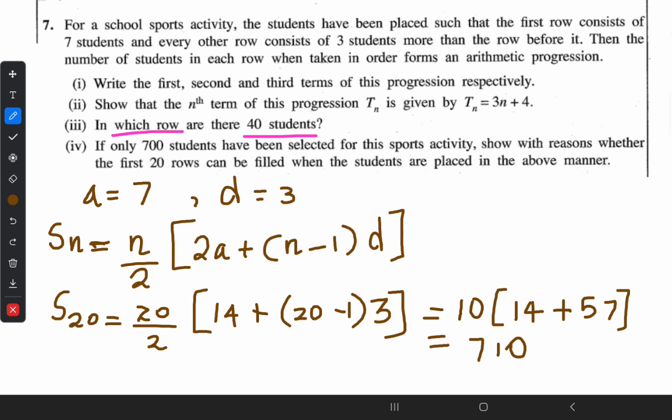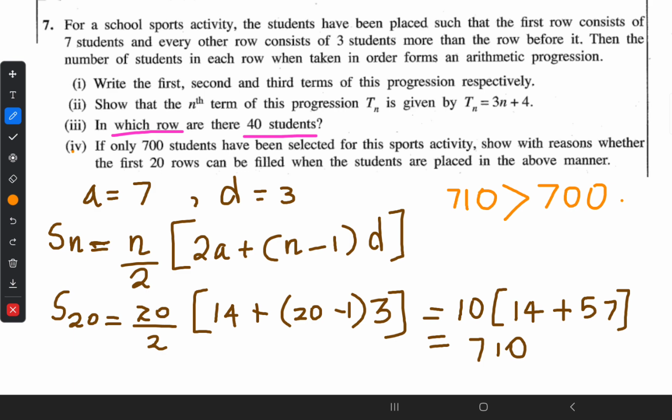So we totally need 710 students to fill the first 20 rows. So 710 is greater than 700. But they told us if only 700 students have been selected for that sports activity, they cannot fill the first 20 rows, because to fill the first 20 rows we totally need 710 students.